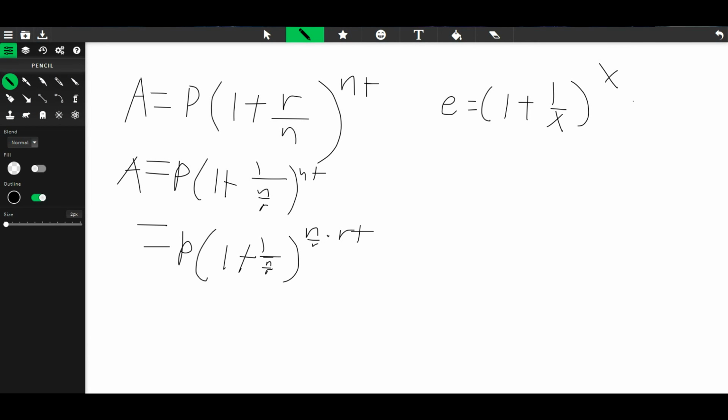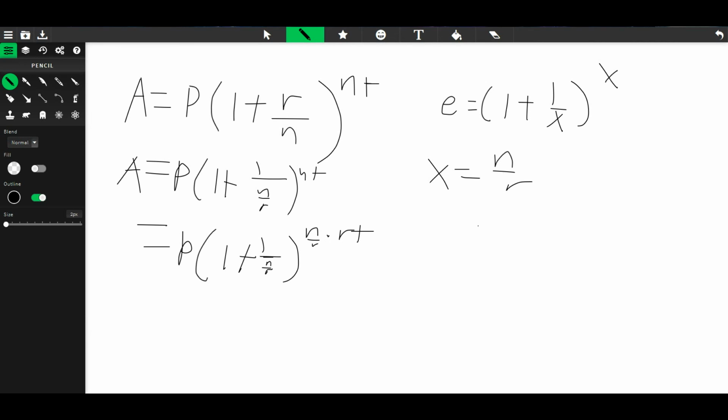Now we can notice that if we come up with a variable, we're just going to call it x, which is equal to n over r. We can replace it, and we have this. We know that n is approaching infinity, and r is a regular number.